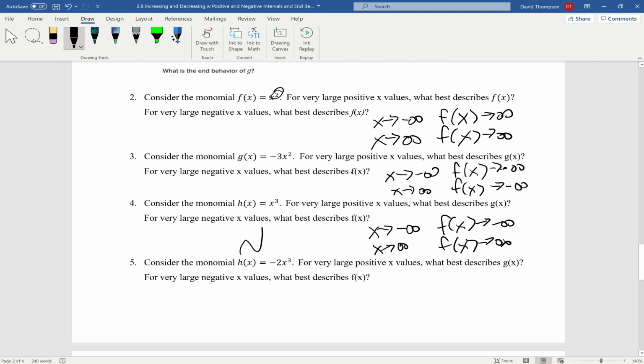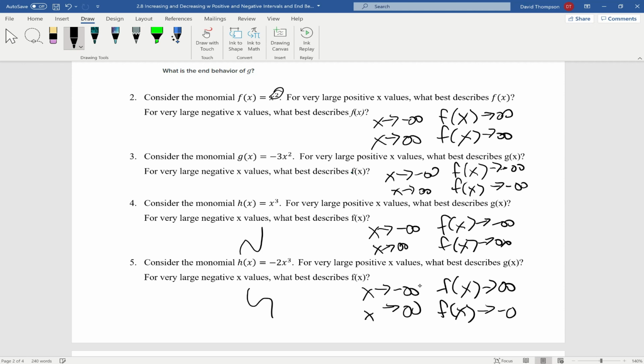Part 5, consider the monomial h of x equals negative 2x cubed. So the graph should look something like this. We're going to say x approaches negative infinity, f of x approaches positive infinity. As x approaches positive infinity, f of x is going to approach negative infinity, and we're done.